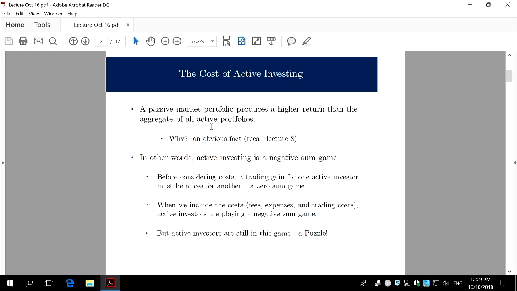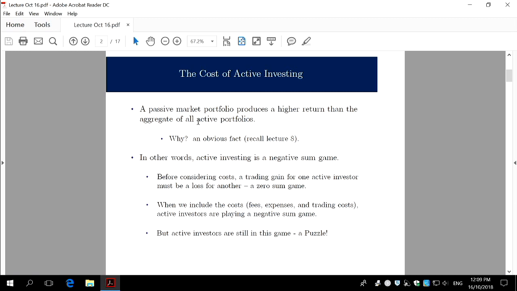Also, because the index fund is already the aggregate, there's no way that the aggregate of active portfolios can generate a higher return than the passive one, because they are the same thing. The passive one is just the average of everything, including active plus passive.